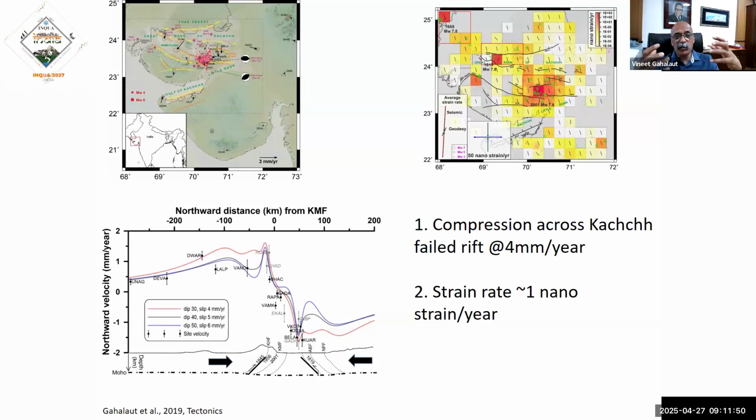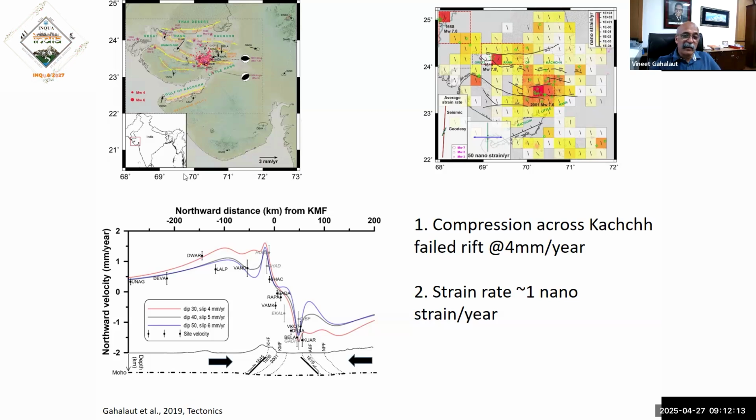Where from will you get so much strain energy, so as to be released by two major earthquakes which are apart by less than 200 years? So there must be huge strain accumulating in this region.